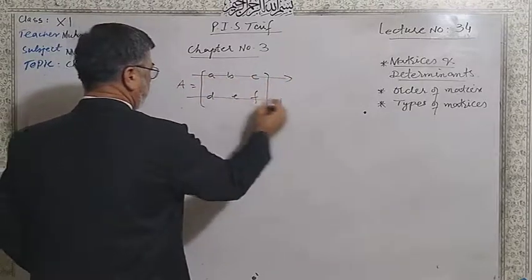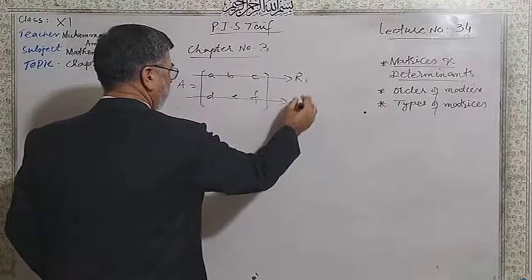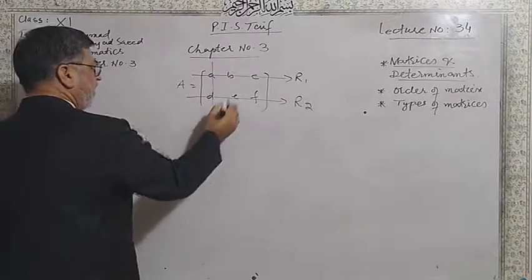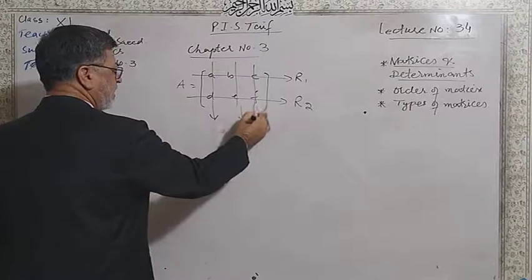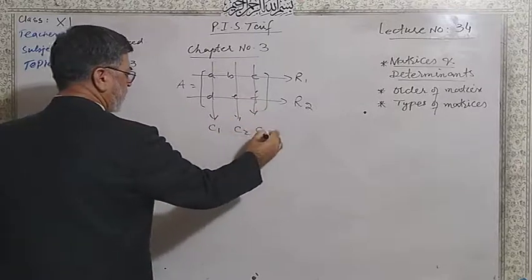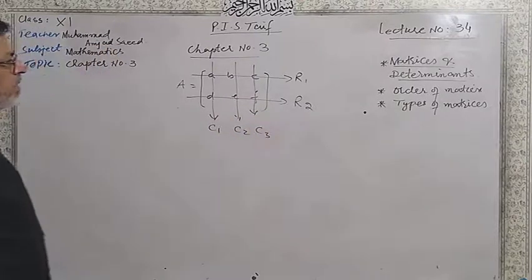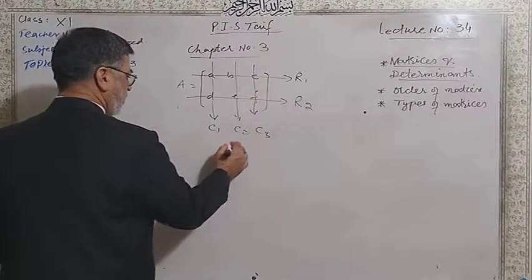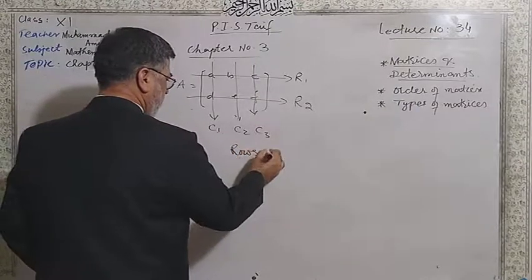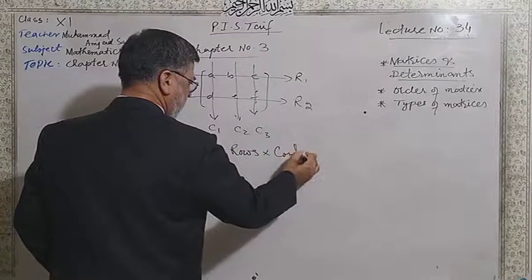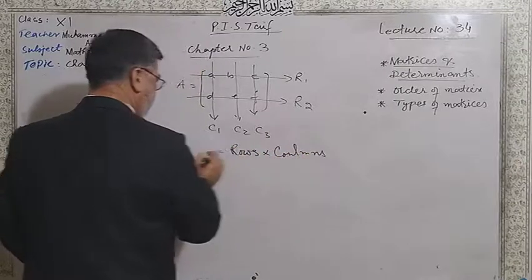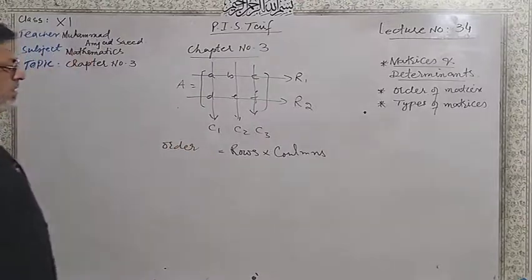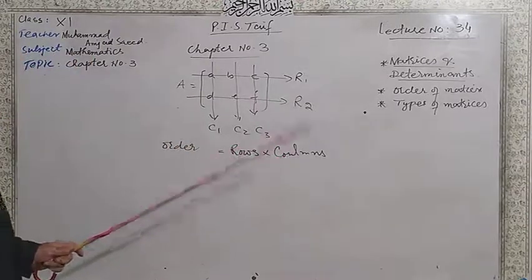Horizontal lines are known as rows. This is R1 and R2. Vertical lines are known as columns, C1, C2, and C3. Order of the matrix means rows into columns. This is known as order of matrix: rows into columns.